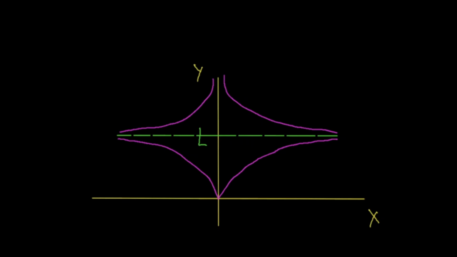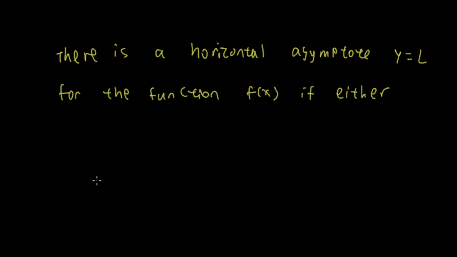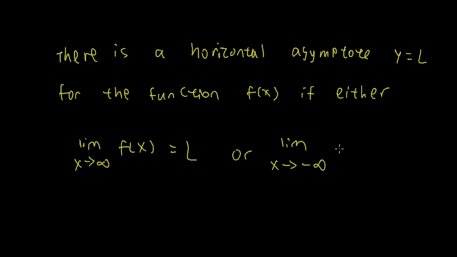Okay, now we can summarize it like this. There is a horizontal asymptote y equals L for the function f of x if either the limit as x approaches positive infinity of f of x equals L, or the limit as x approaches negative infinity of f of x equals L. Either one will work.